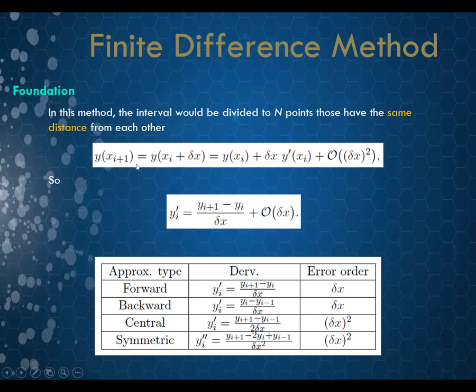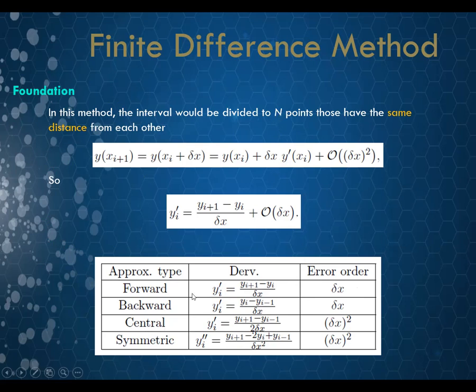If you transform i into i minus 1, you can construct the backward approximation, where the derivative at the ith point depends on the value of the function at the ith point and the previous point. The error order in both forward and backward approximations is delta x, which is proportional to 1 over N, if N is the number of grid points.